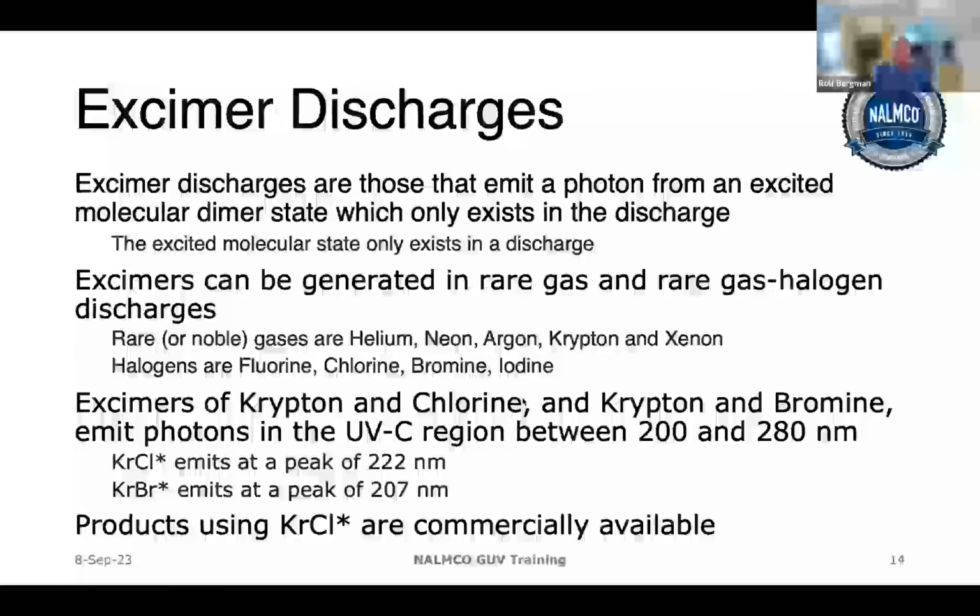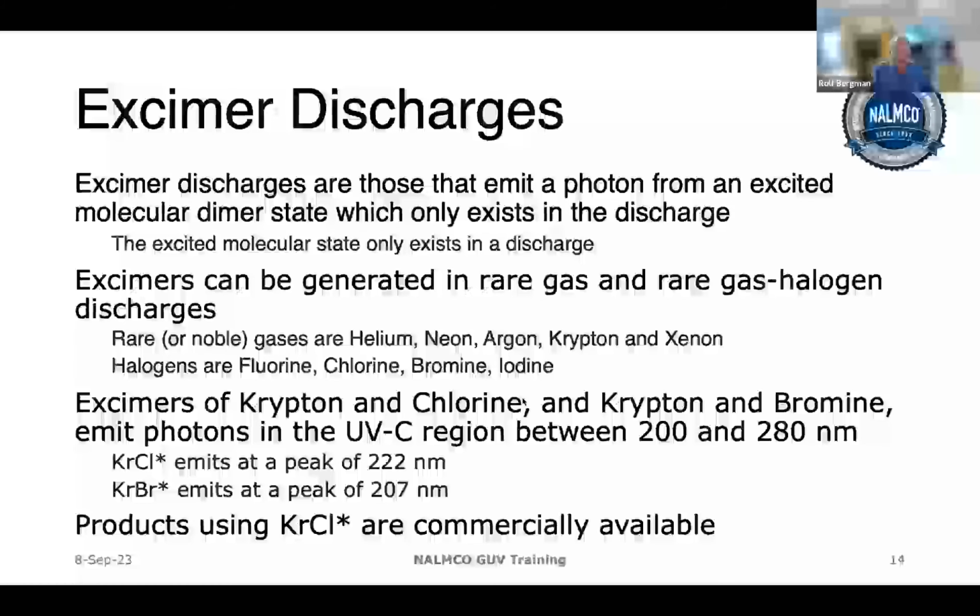In other words, a molecule held together only in an excited state. And when they emit a photon, they dissociate back to their normal neutral atomic state. So these dimers only exist during the discharge, when they can be created by electron bombardment in a gas discharge.